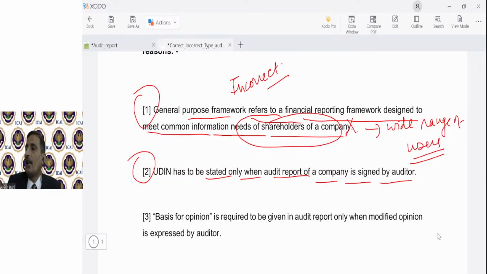Pranav, you are also writing that this statement is correct. Pratika, Khushi, Karthik, you are all writing this statement is correct. So guys, how is this correct? We have just done UDIN. What did I tell you, that UDIN has to be stated in every audit report and certificate issued by a practicing chartered accountant.